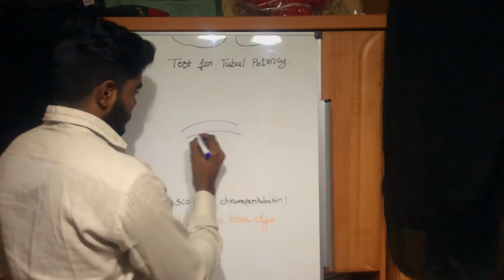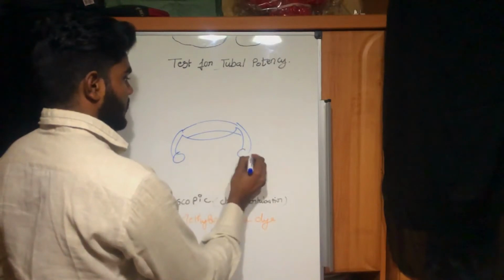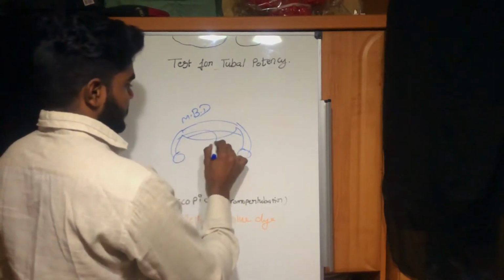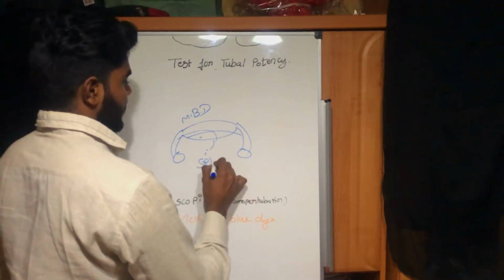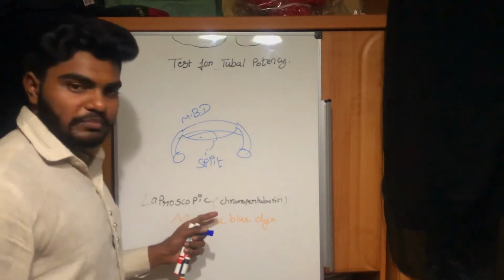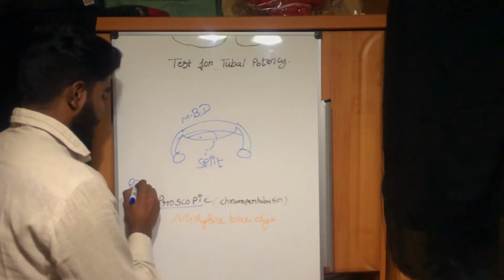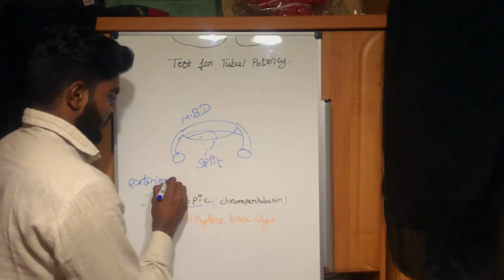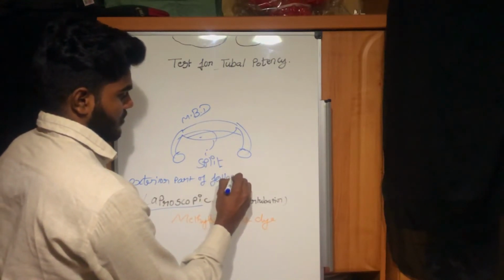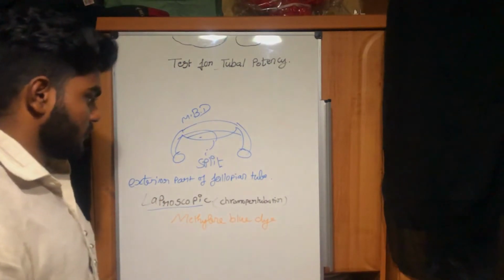This is the uterus, the fallopian tube, and the ovary. When I enter the methylene blue dye, it will come and the spill can appear. With the laparoscopic method I can see very clearly the exterior part of the fallopian tube.